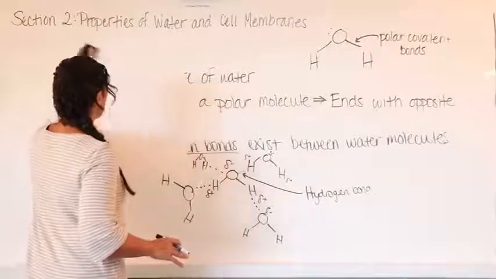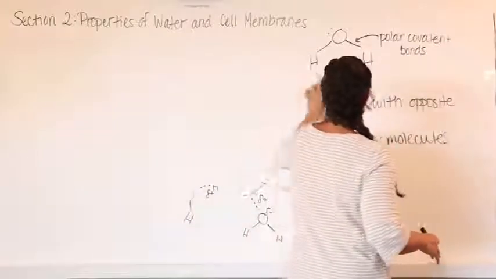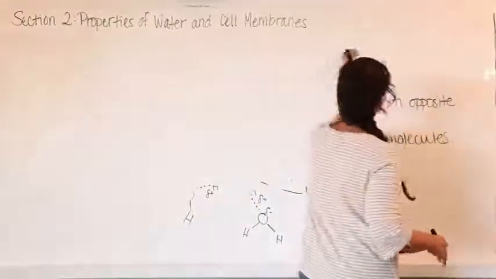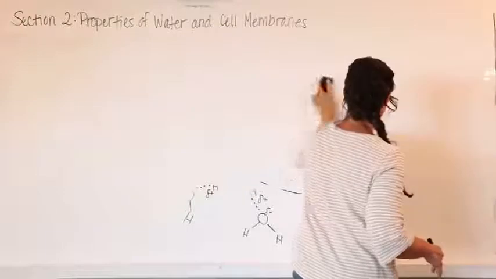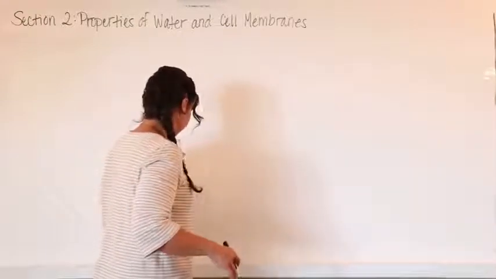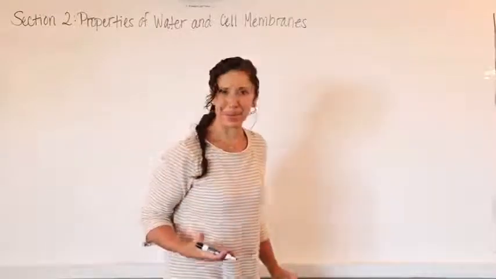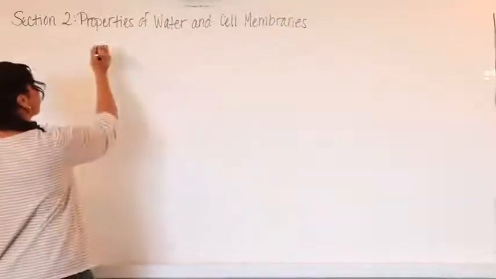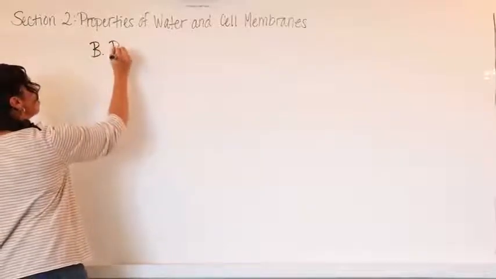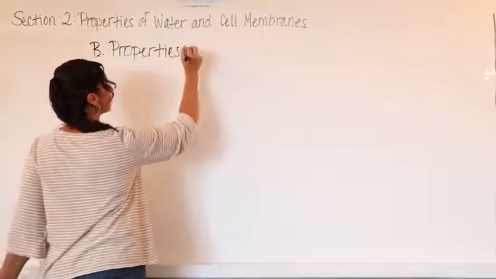Let's go to big letter B, the properties of water, which essentially relates to the function of water. Whenever we talk about the properties of anything, it's almost saying, how does it behave? So here we go, properties of water. Some of these you know because you interact with water all the time.